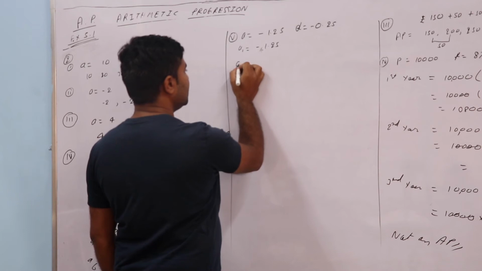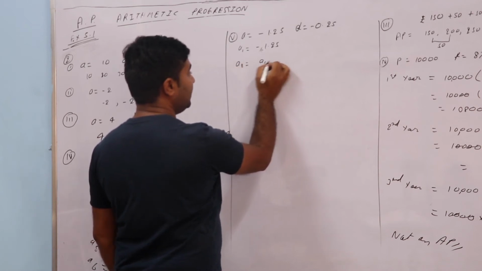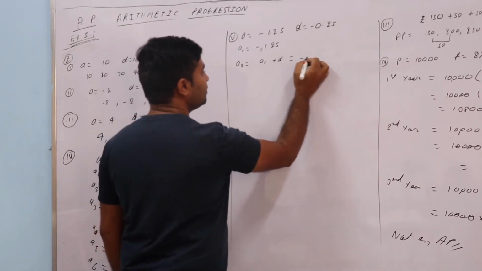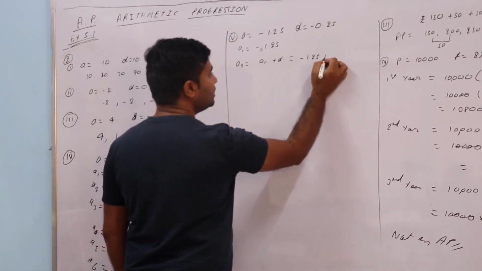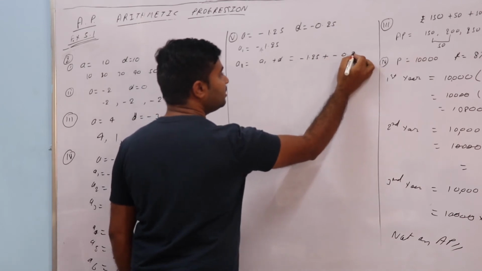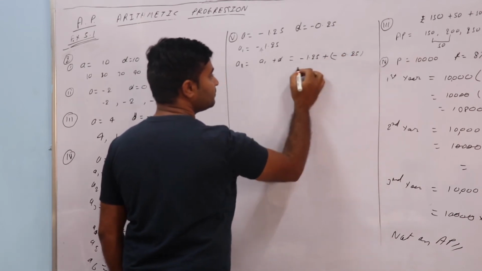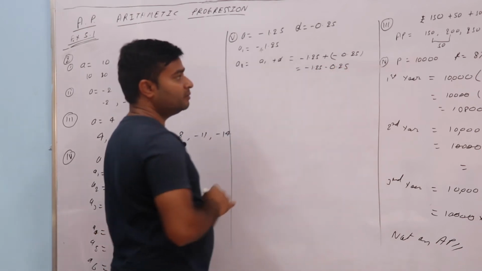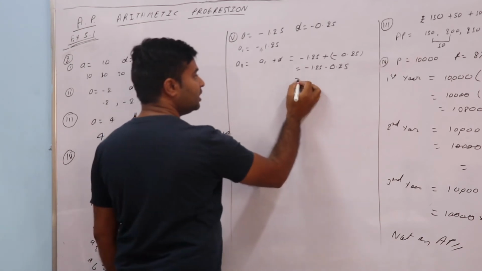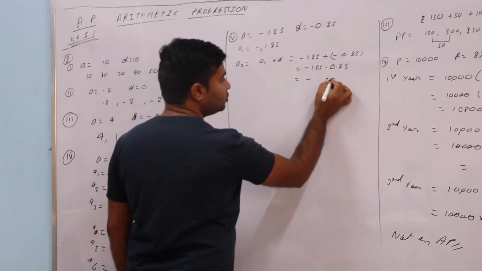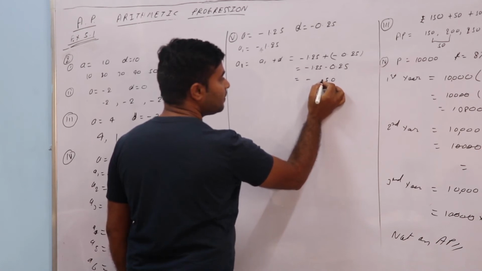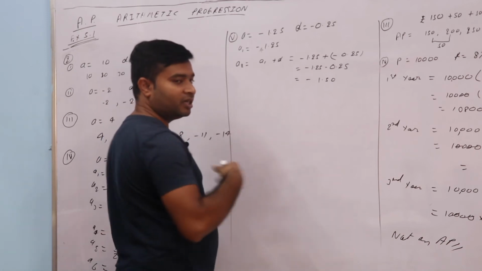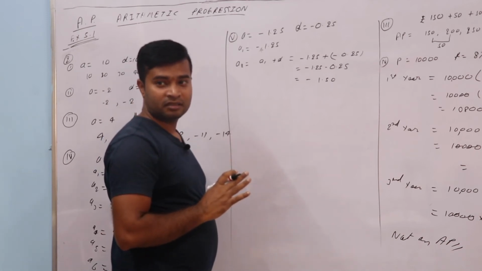A2 is equal to A1 plus D, I have written it one time already. So minus 1.25 minus 0.25. Both are minus, so we add: minus 1.50. After the decimal you should not read it like fifty or sixty; we should read the digits, 5, 0.